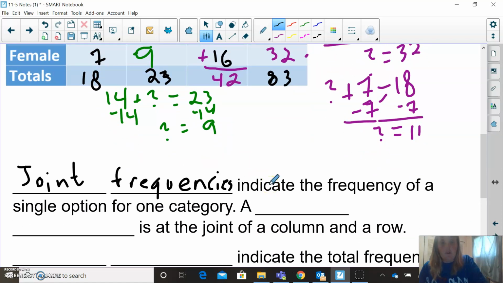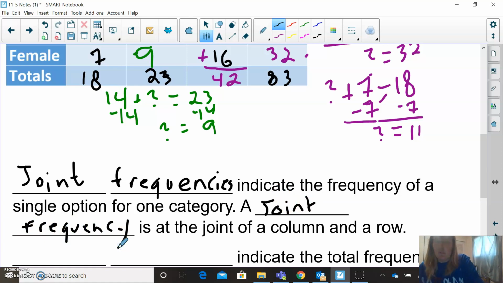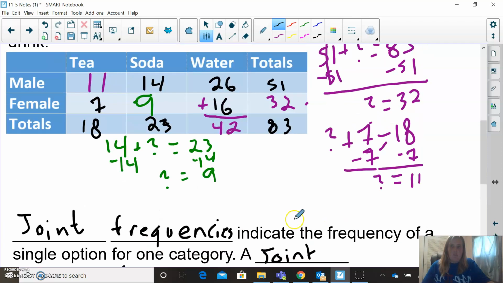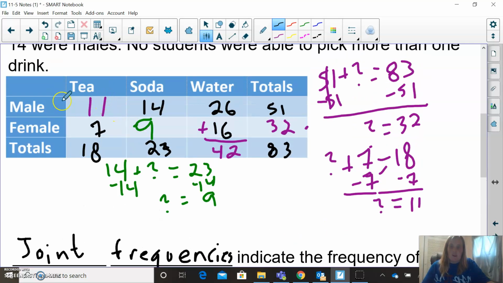A joint frequency, let me rewrite that. Okay, is at the joint of a column and a row. So right here, where male and tea come together, 11, that's where you're going to find your joint frequency.